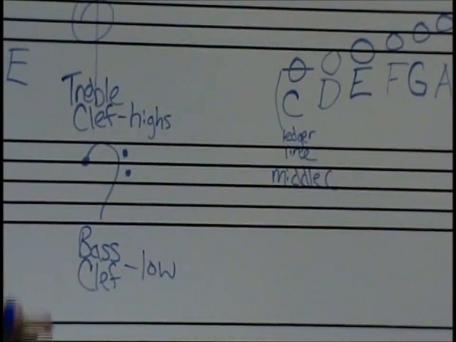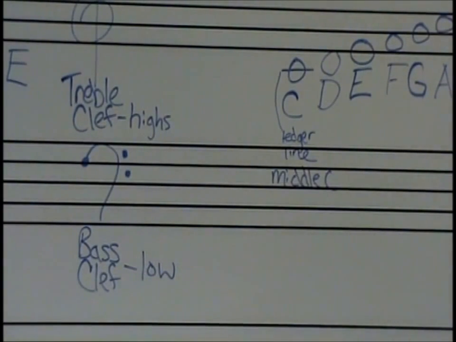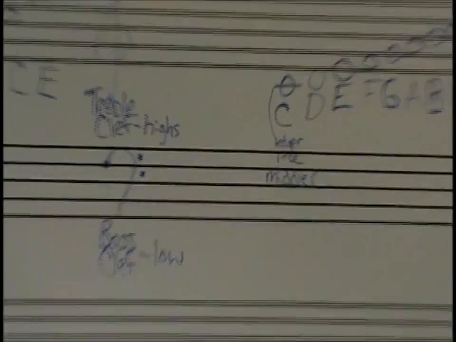The men will sing low. So 8th grade boys will sing in the bass clef, and sometimes 7th grade boys will sing in the bass clef too. Instruments that use bass clef would be cello, string bass, trombone, tuba, bassoon. All the low instruments would be in the bass clef.